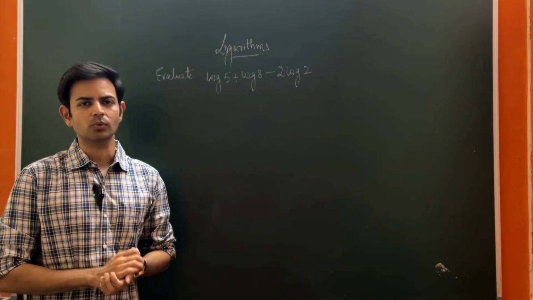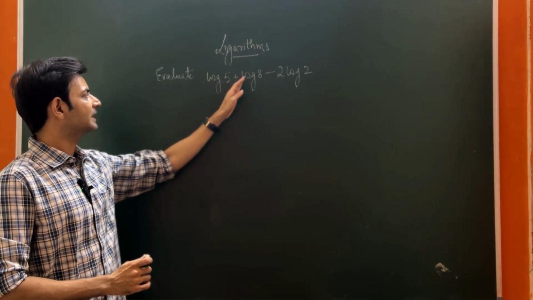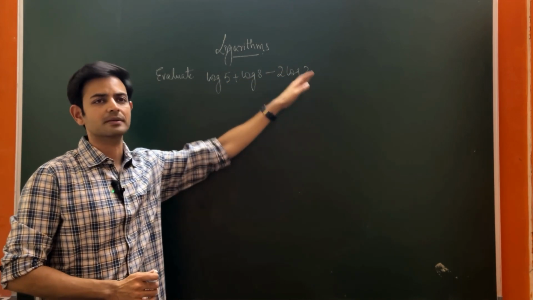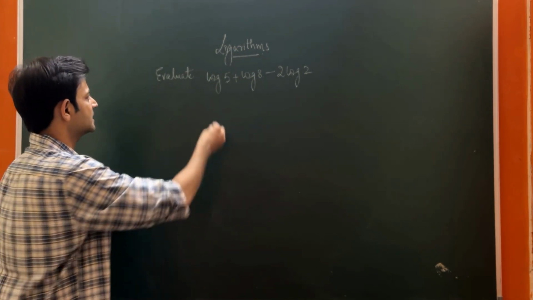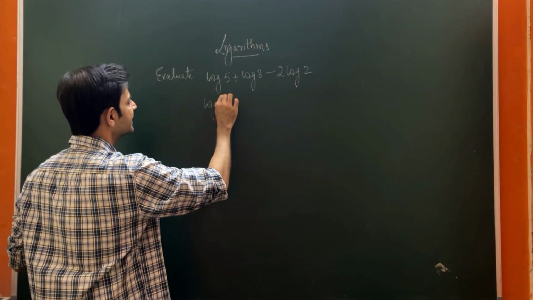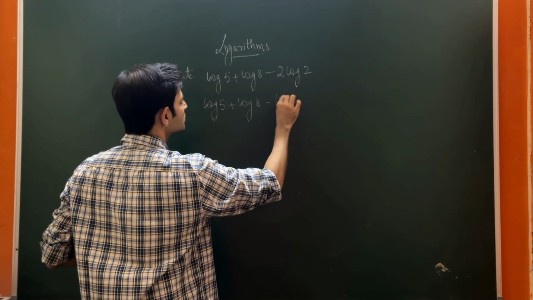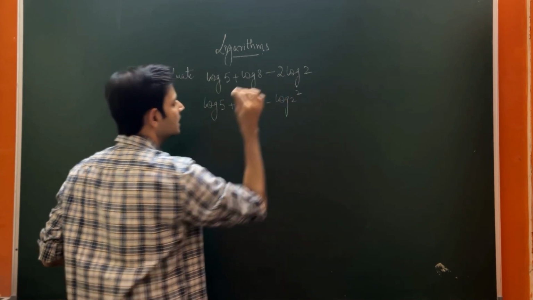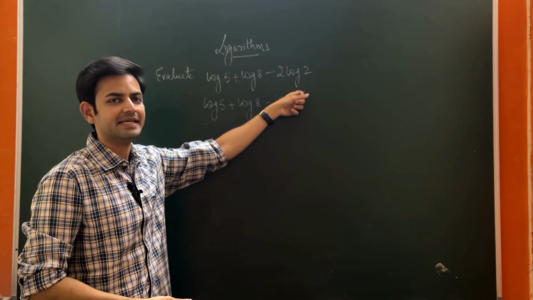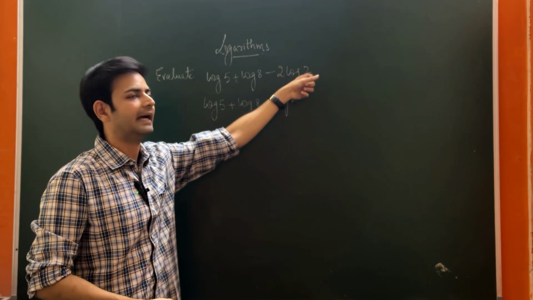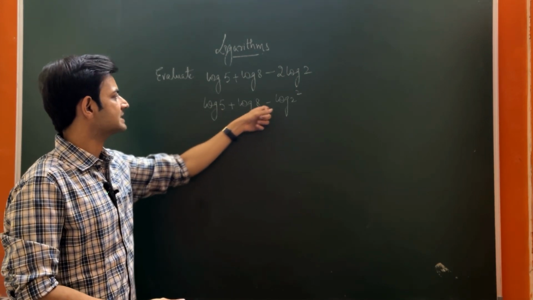Let us take a question to understand the laws of logarithms better. Log of 5 plus log 8 minus 2 log 2. We are supposed to evaluate this. So first of all, we'll try to simplify this, making it log of 5 plus log of 8 minus log 2 square. We just learned the law that log of m to the power n is equal to n log m. We are just reversing that part. So here these two terms are in plus and this is in minus.